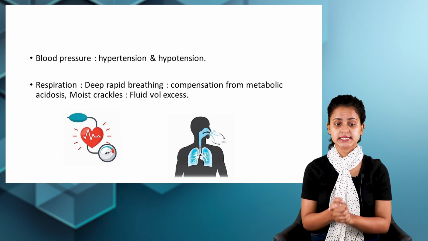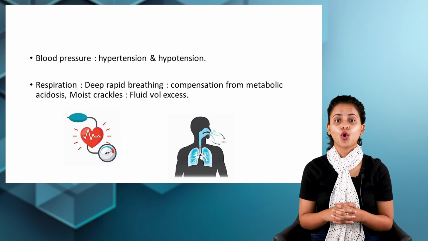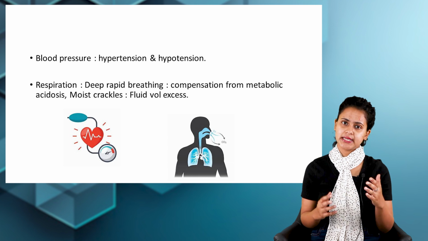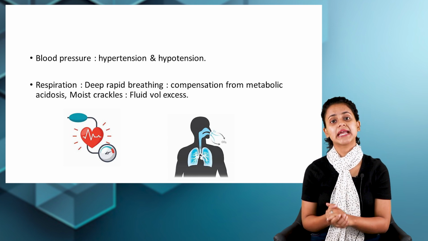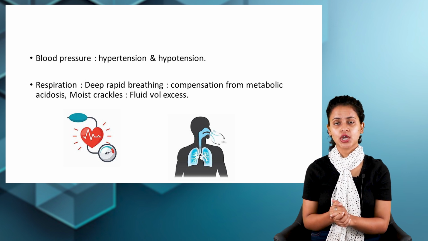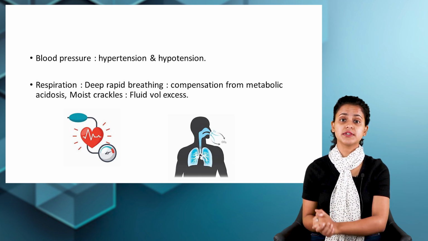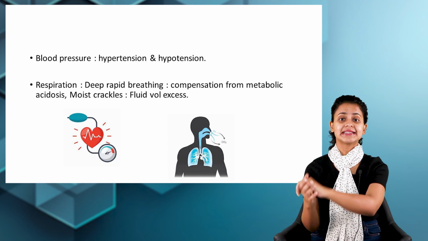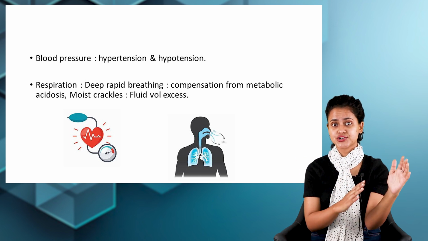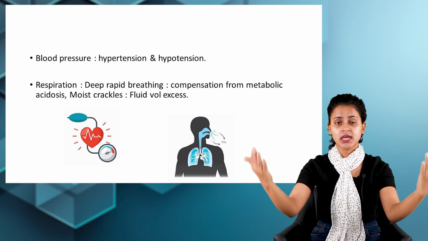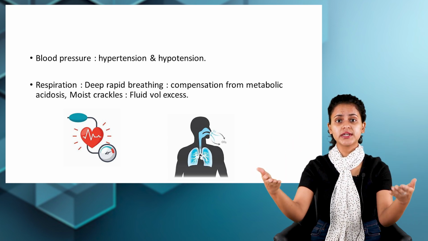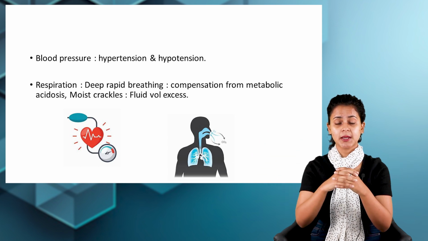Next, we assess the blood pressure of the client. Often, a client with fluid volume excess will present with hypertension. In case of fluid volume deficit, the client can present with hypotension. That is how we assess the blood pressure and understand what kind of fluid imbalance the person may have.